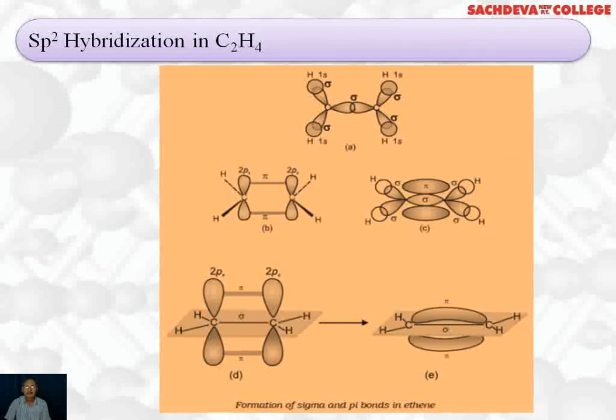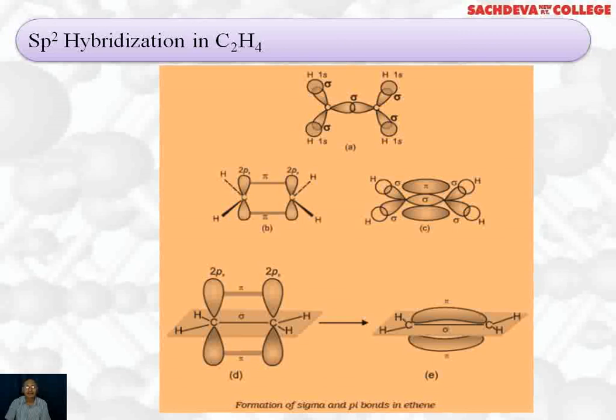So we have sp2 hybridization, each carbon is sp2 hybridized and each sp2 hybridized carbon is forming sigma bonds. First they are forming a sigma bond with each other. That carbon-carbon sigma bond is shown in the center, and each carbon is forming 2 sigma bonds with 2 hydrogen atoms. So there are 4 sigma bonds between carbon and hydrogen.